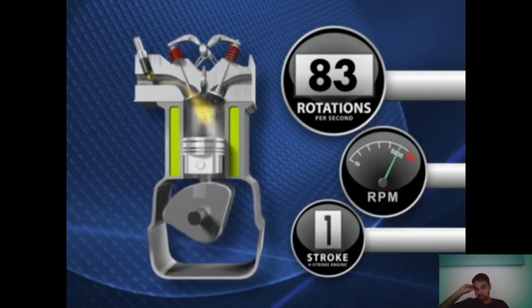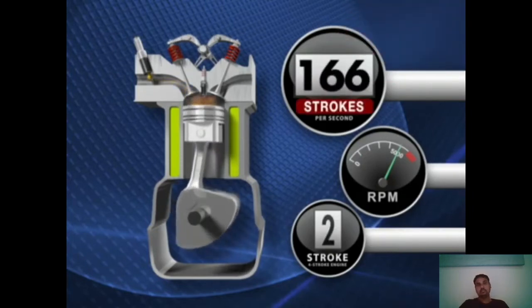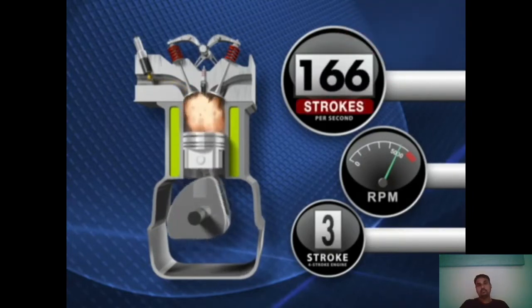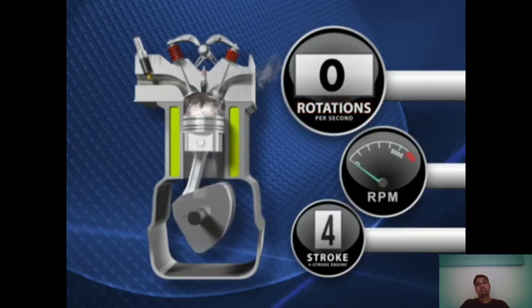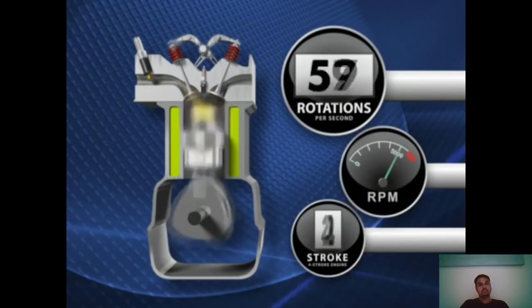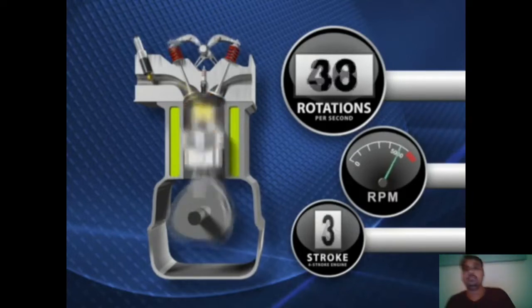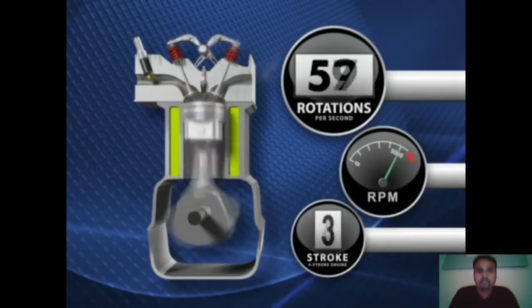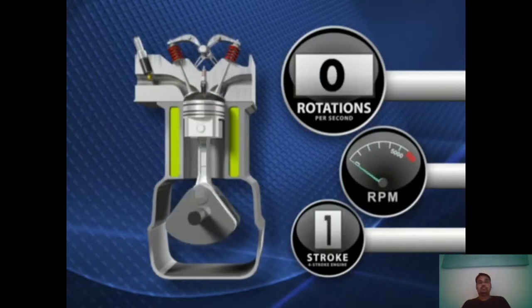Meanwhile, the piston traveled up and down 166 times in that same second. Want to see how fast that is? Now, that's fast. Let's see it again. Amazingly, the 4-stroke EFI engine does this smoothly, quietly, and reliably for years and years of operation.